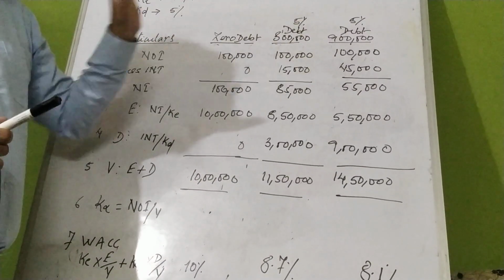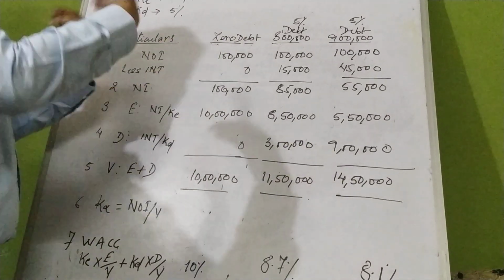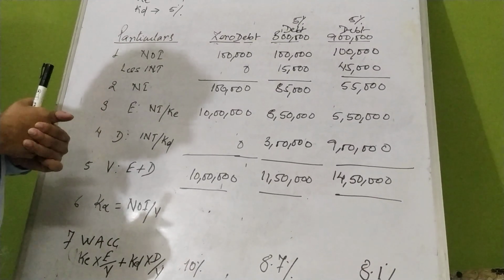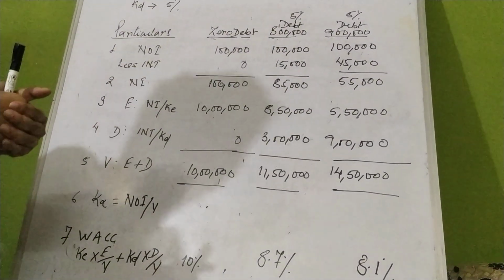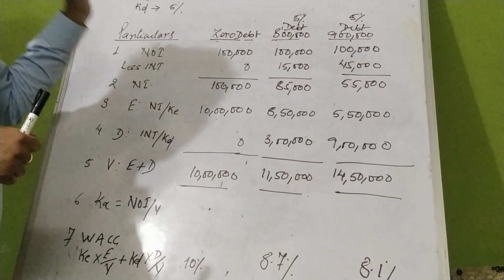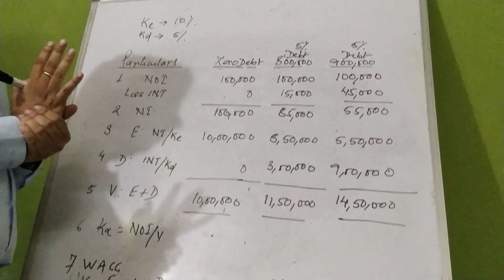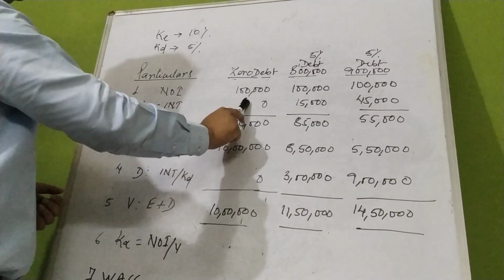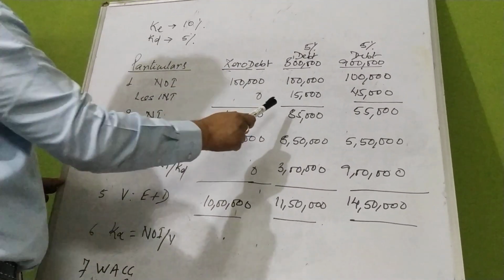The NOI will remain the same because the profit, or the sales revenue, is not going to be affected by the capital structure. So it will be the same for all three scenarios, whether it is plan A, plan B or plan C. So for all it is 1 lakh, less interest, zero, because no loan has been taken.